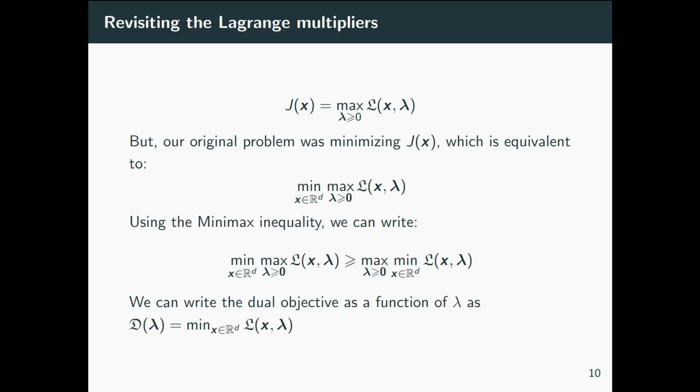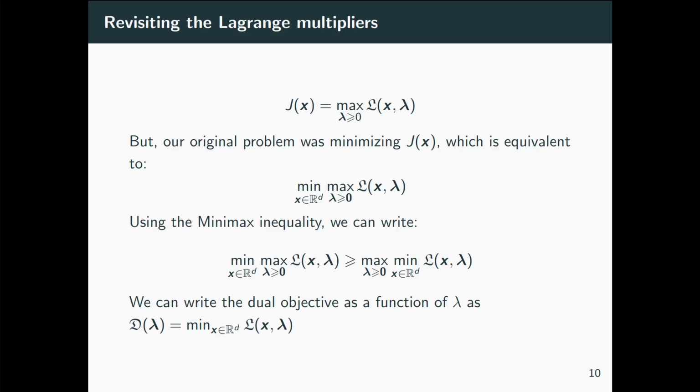If you look at this quantity, what you'll get is a function only in lambda, because you are first looking at the values of x which will minimize L of x, lambda. So we write the dual objective as a function of lambda, d of lambda, which is the minimization over x of the Lagrangian function, which is a function of x and lambda.